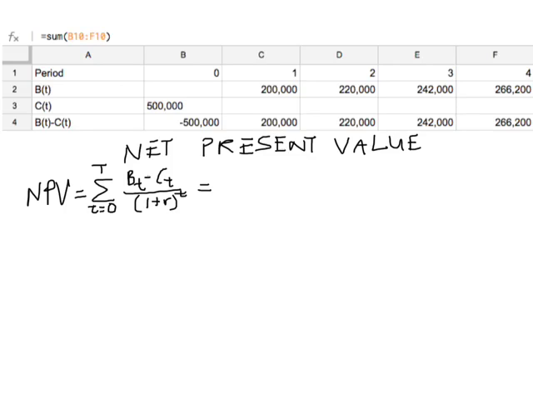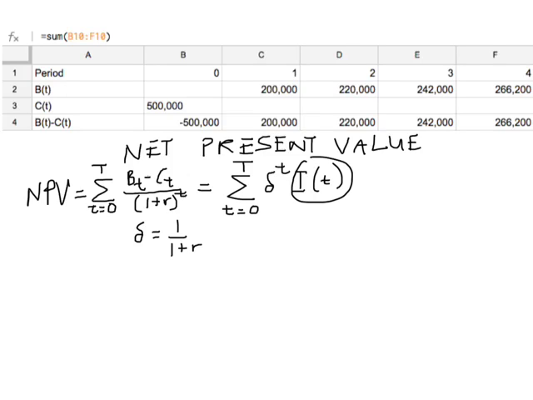That's equivalent to the expression in the book, which is the summation from T equals 0 to capital T, the last period over which you're paying out costs or receiving benefits, of delta to the T times I in period T, where delta is equal to 1 over 1 plus R. So I in period T is the same as B_T minus C_T, and delta to the T is the same as 1 over 1 plus R to the T. That's how those two expressions relate. They're exactly equivalent.